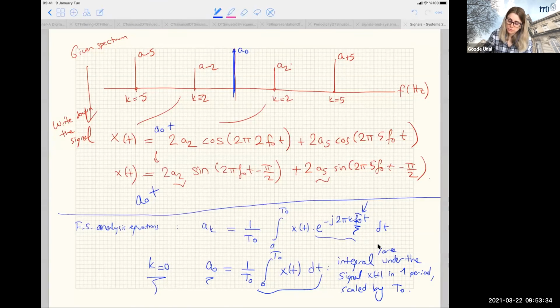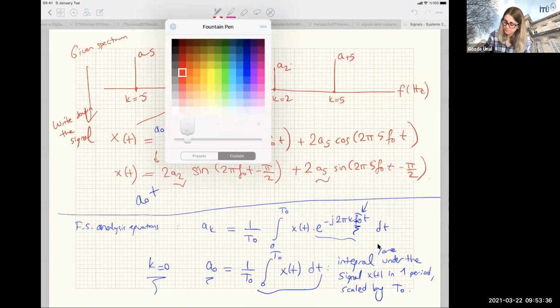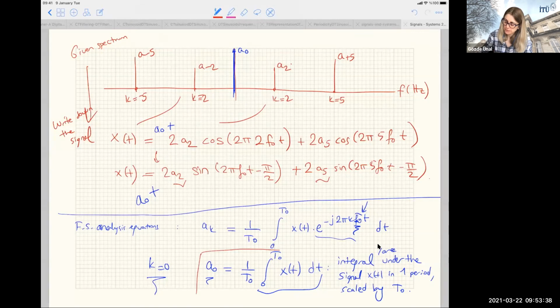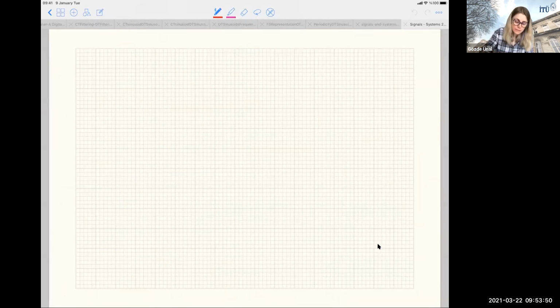So A0, you see, can be found easily by looking at the form of the signal, the area under the signal. Now we also want to do a special case, a little bit more math, for a real signal. We hinted at it a little bit.